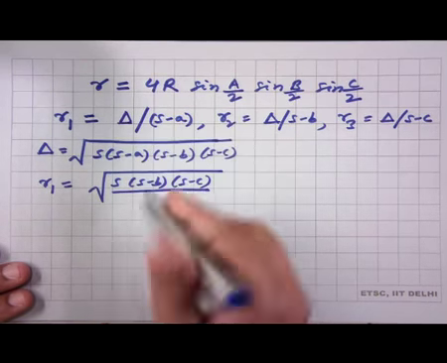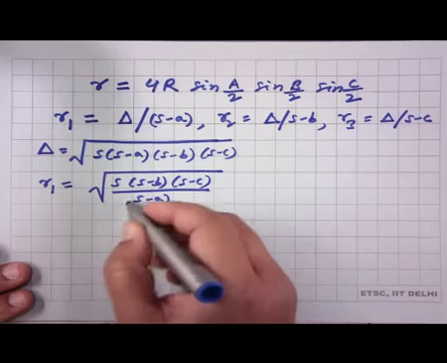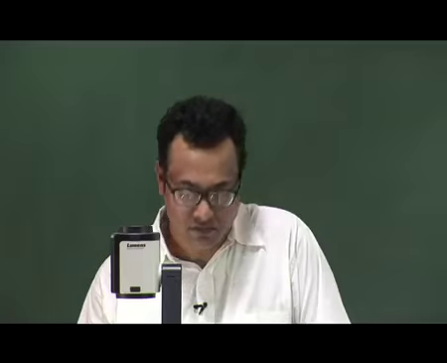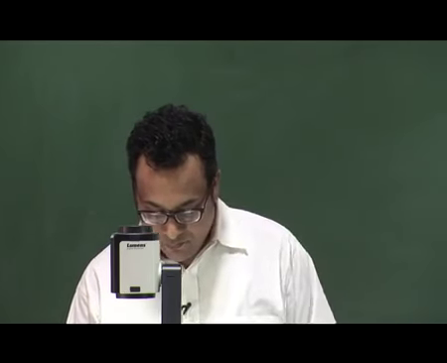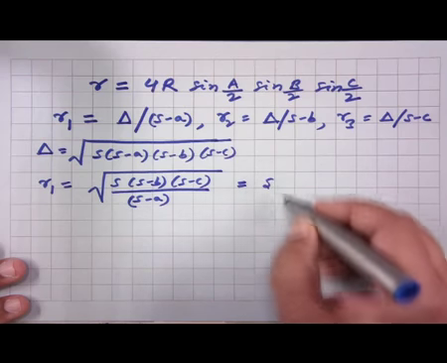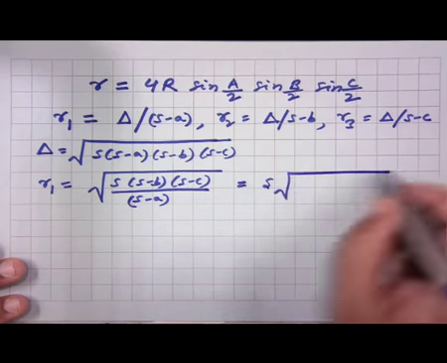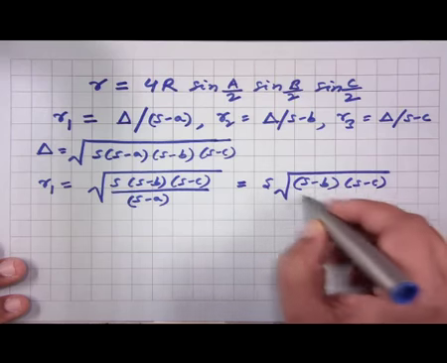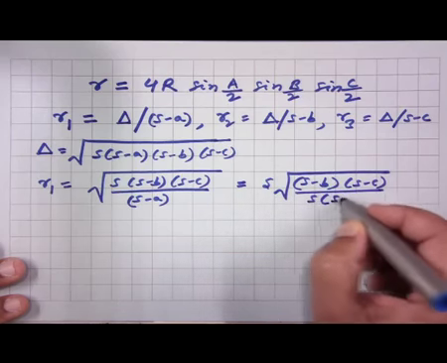So, we will get an s minus a in the denominator in the square root, and this can also be written as s times the square root of s minus b into s minus c upon s into s minus a.